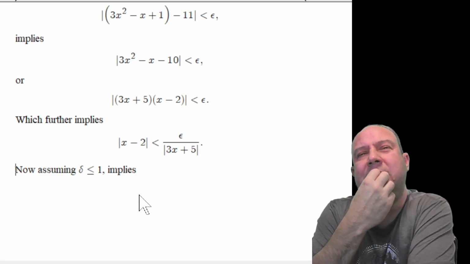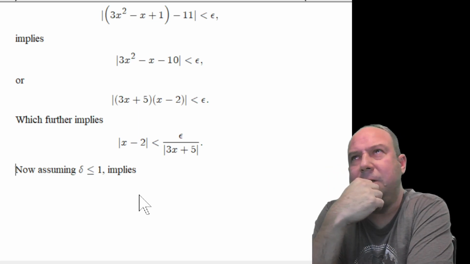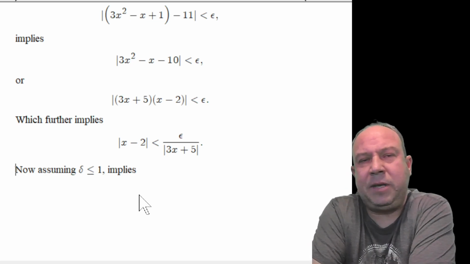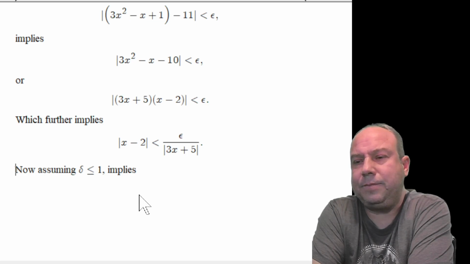And the way we establish that choice is by putting some limitations on delta to begin with.